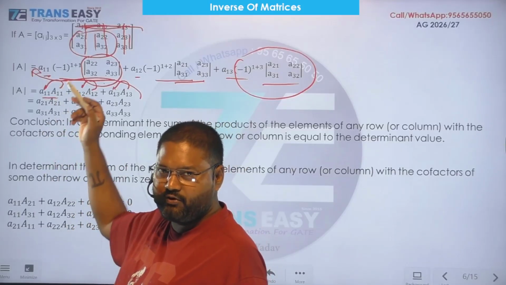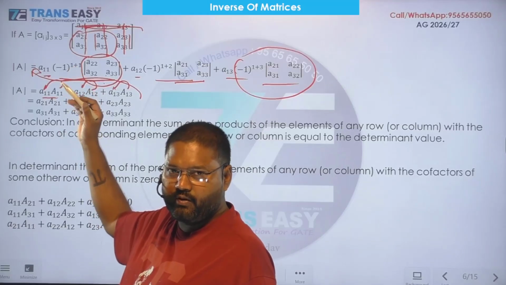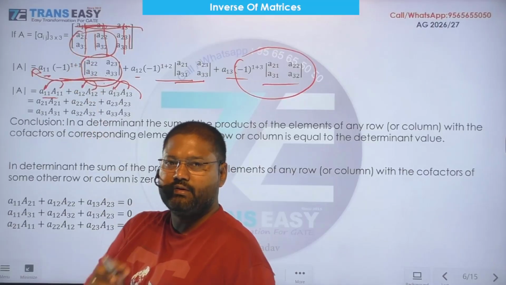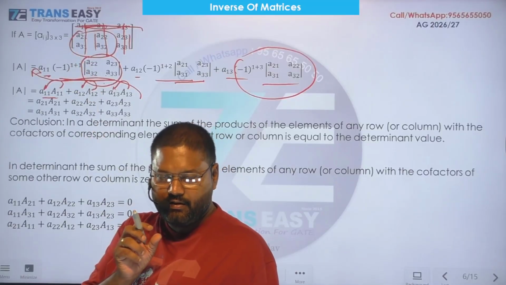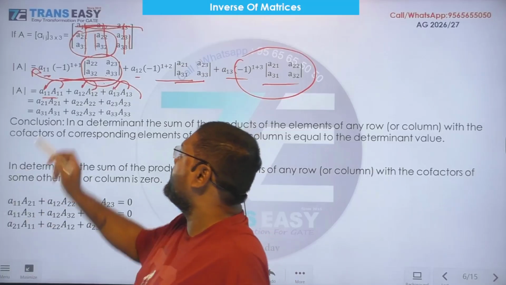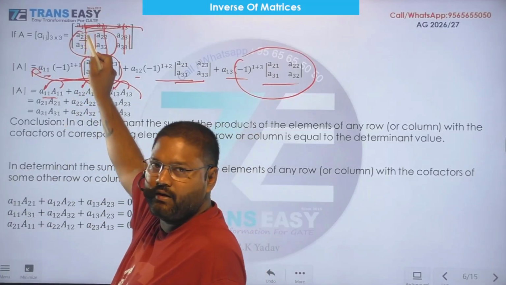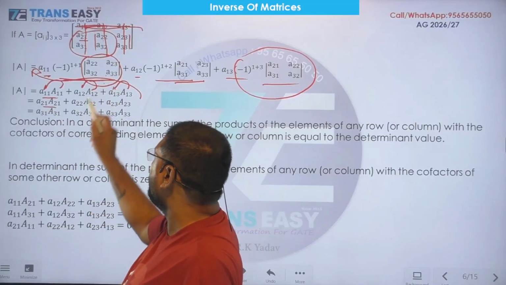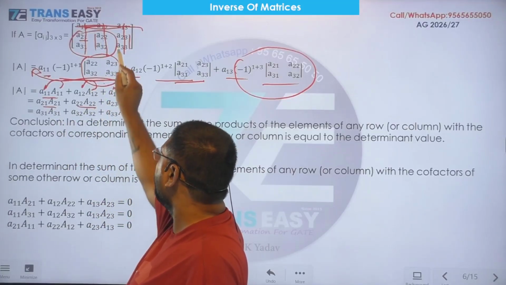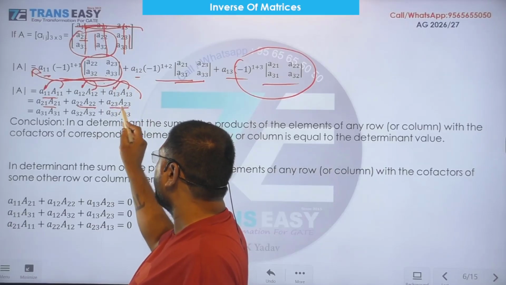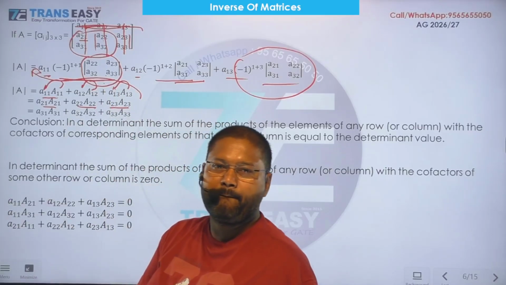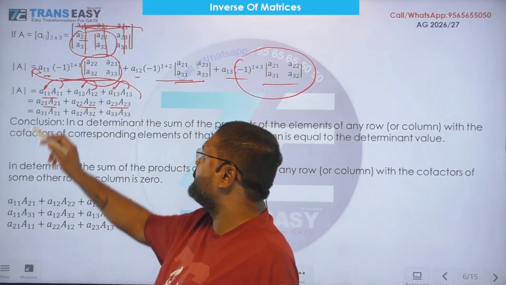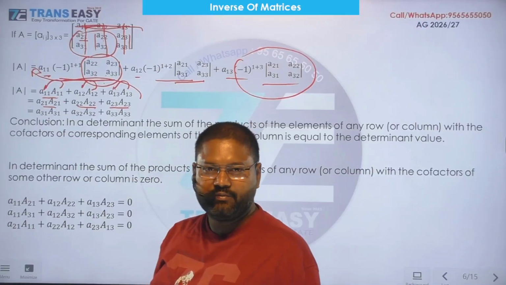So -1 raised to the power 2 plus 1 into second order matrix. This is the cofactor of A21. So A21 into cofactor, A22 into cofactor A22, A23 into capital A23 cofactor. So this is also giving the same value of determinant of A.